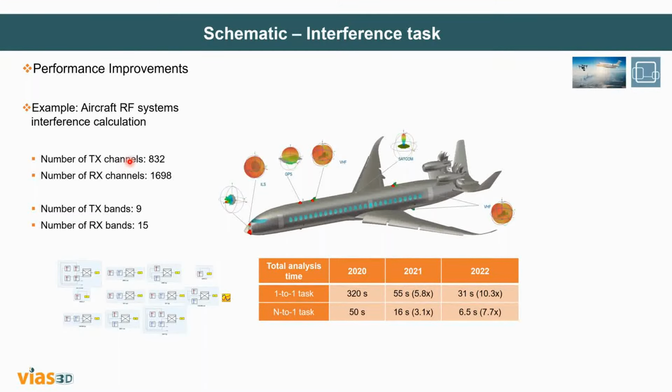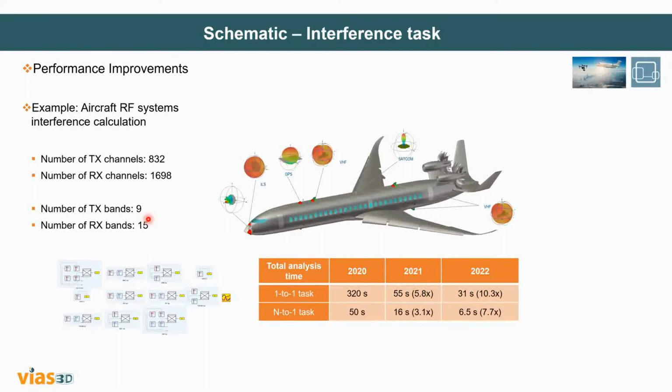This is a fairly large problem with 832 transmission and around 1700 RX channels. Number of TX bands is 9 and RX bands is 15. For that, we offer the interference task tool, which is our tool for analyzing RF system performance in complex environments with multiple radio systems.